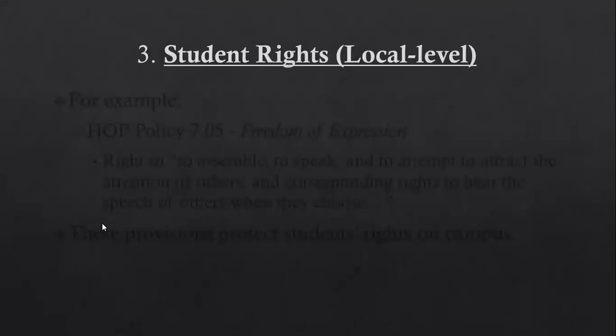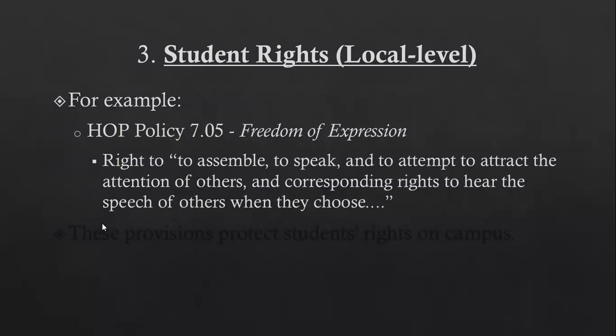Now, of course, as we said before with the Regents' rules, here now at the local level, it's HOP that outlines student rights and privileges at the local university level. For instance, UT Tyler's HOP Policy 7.05, Freedom of Expression, affirms students' rights, quote, to assemble, to speak, and to attempt to attract the attention of others, and corresponding rights to hear the speech of others when they choose.